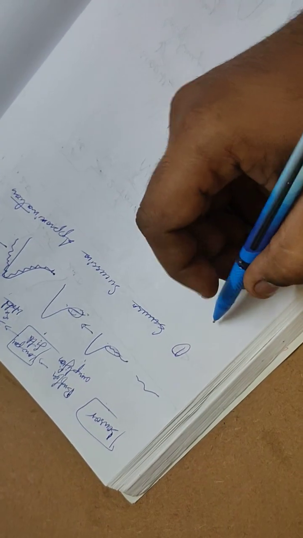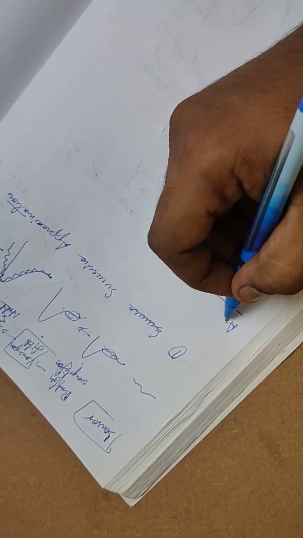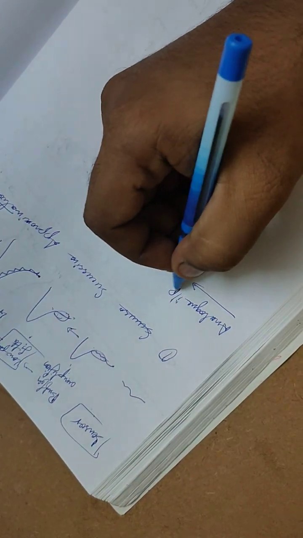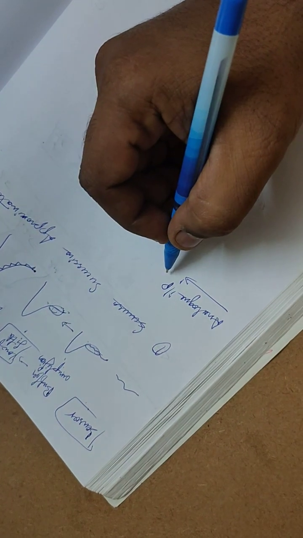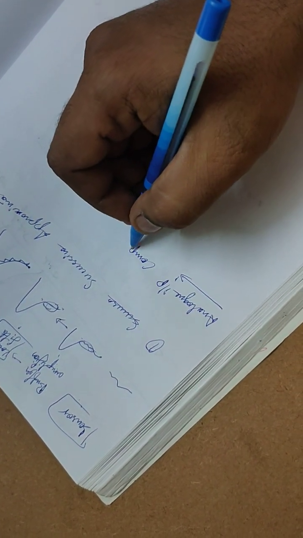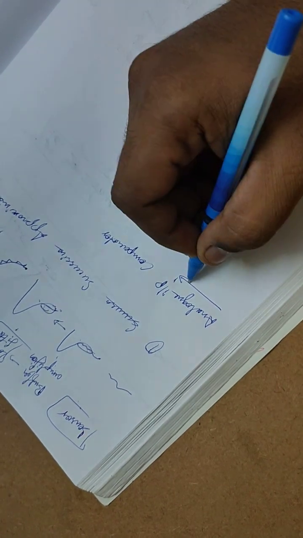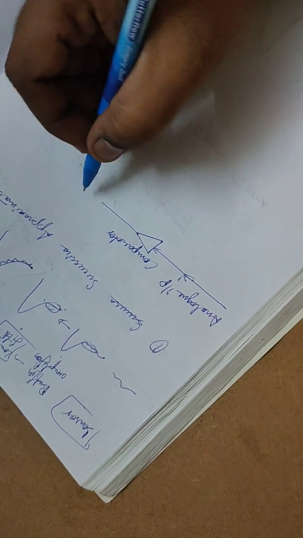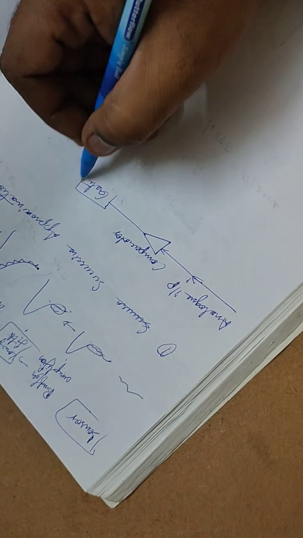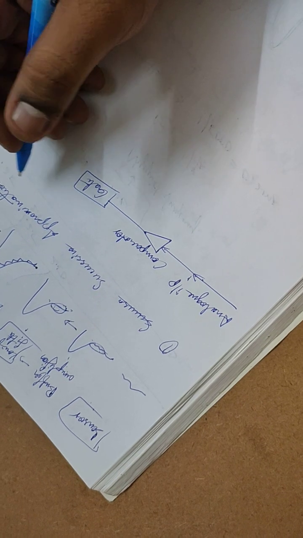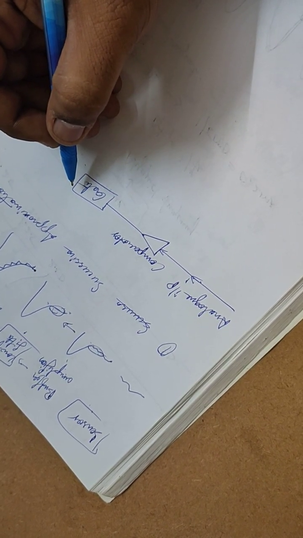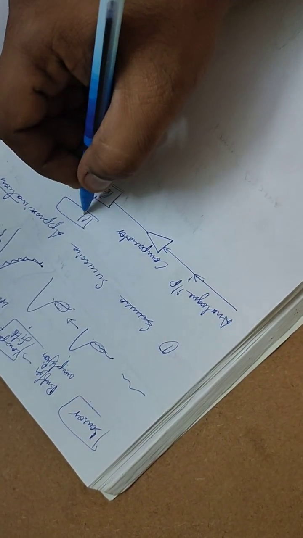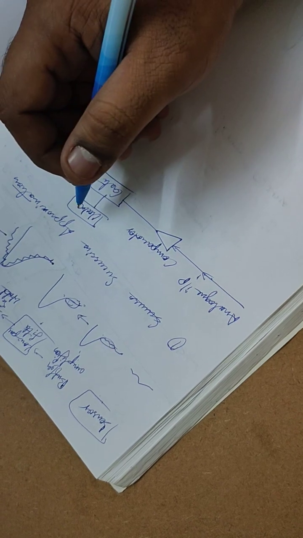Successive approximations, just a representation will be like this. We'll take an analog input and we give it to a comparator, and this will be given to a gate. Gate is nothing but controls the admission of the pulses to storage register, and for this we are given a clock, right?